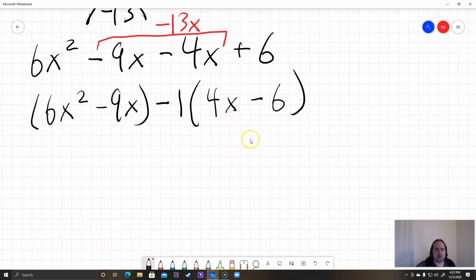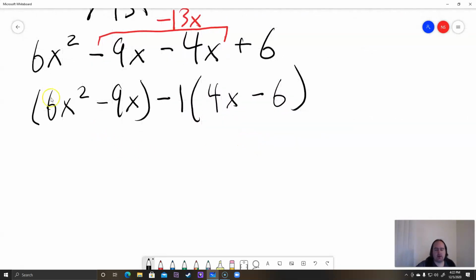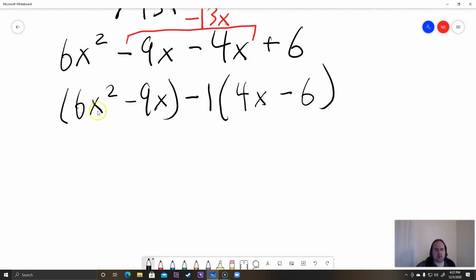Okay, and then from here, we have to factor out the GCF from each group. So from our first group here, we see what's the biggest number that goes into both 6 and 9? Well, we all know that 3 goes into both 6 and 9, so we can factor out a 3. And then we also notice we have an x in common here, so we can factor out a 3x.